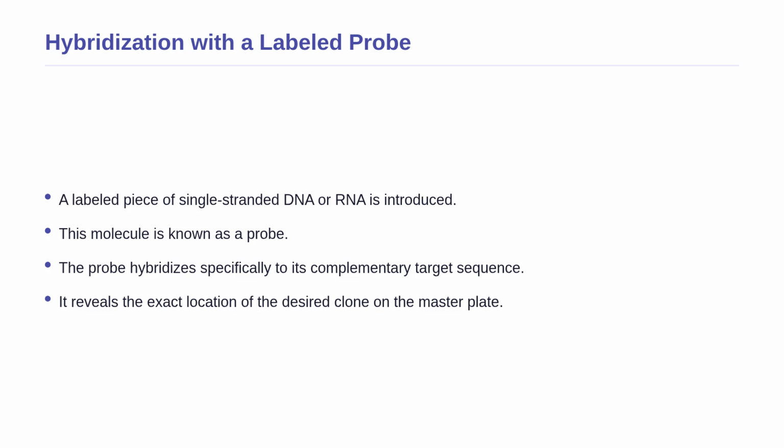The label on the probe, which could be radioactive or fluorescent, acts as a beacon. By detecting this signal, we can reveal the exact location of the desired clone. We can then go back to our original master plate, pick that specific colony or plaque, and grow it in large quantities. This elegant mechanism is what makes the entire screening process possible.